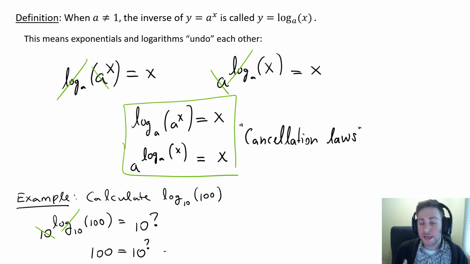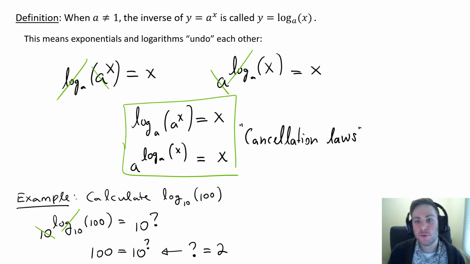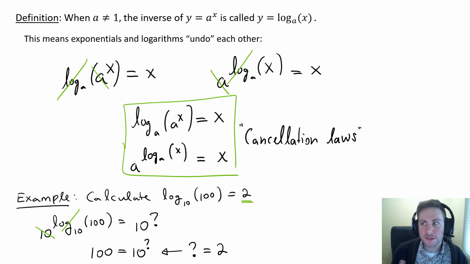So now what we're really asking is 10 to what power equals 100? But based on our knowledge of exponents, we know that 10 to the power of 2 is 100. So 2 must be the value of our question mark, and therefore it's also the value of our logarithm. So that's kind of the logical explanation of why that is.